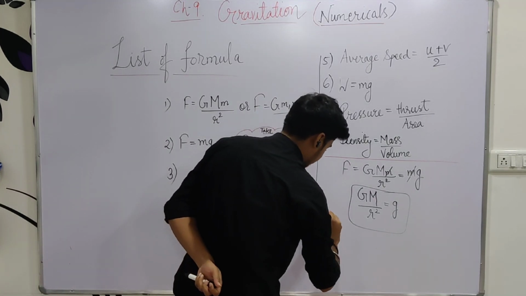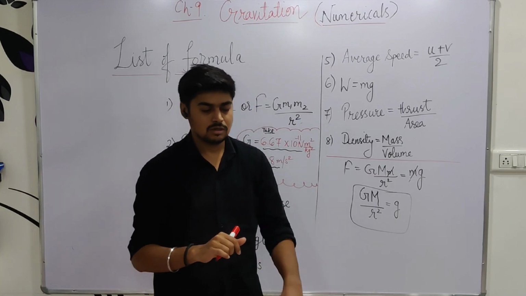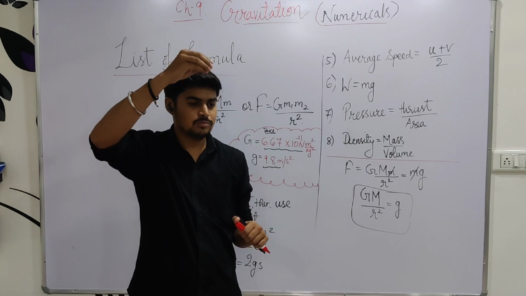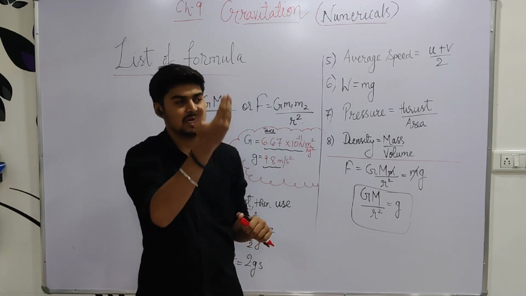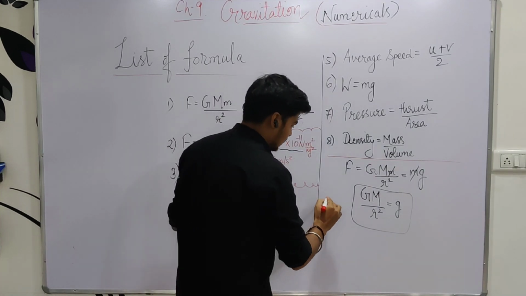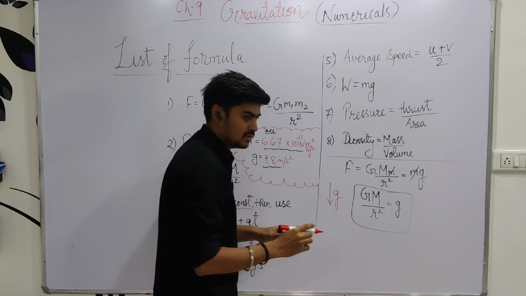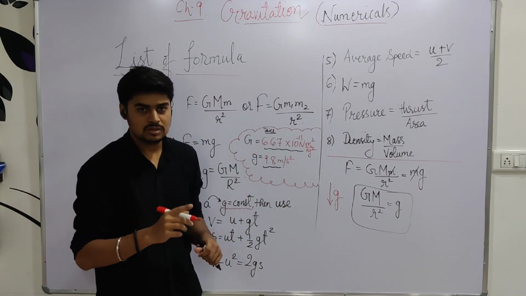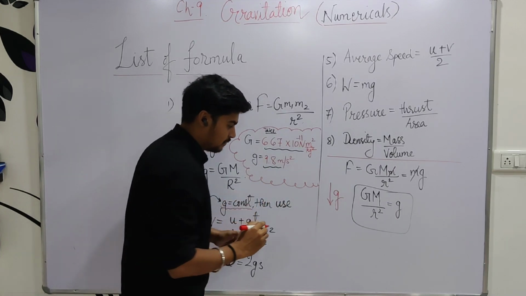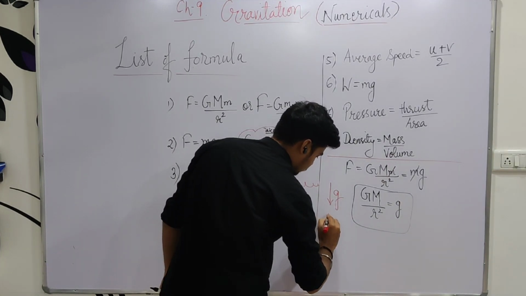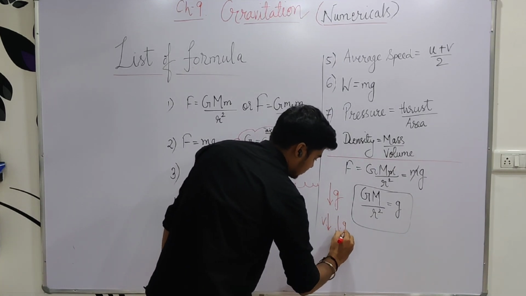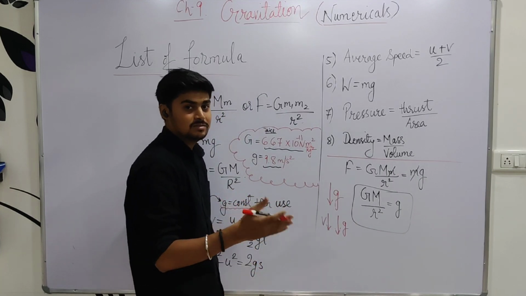For example, while solving the numericals in this chapter, we will mostly take examples of objects that are falling vertically downward or moving vertically upward, whatever the situation can be. But the gravitational acceleration has a direction always vertically downward. Now, when to take it positive and when to take it negative? If the object is moving downward, its velocity is downward, and gravitational acceleration, as we know, is also always vertically downward.